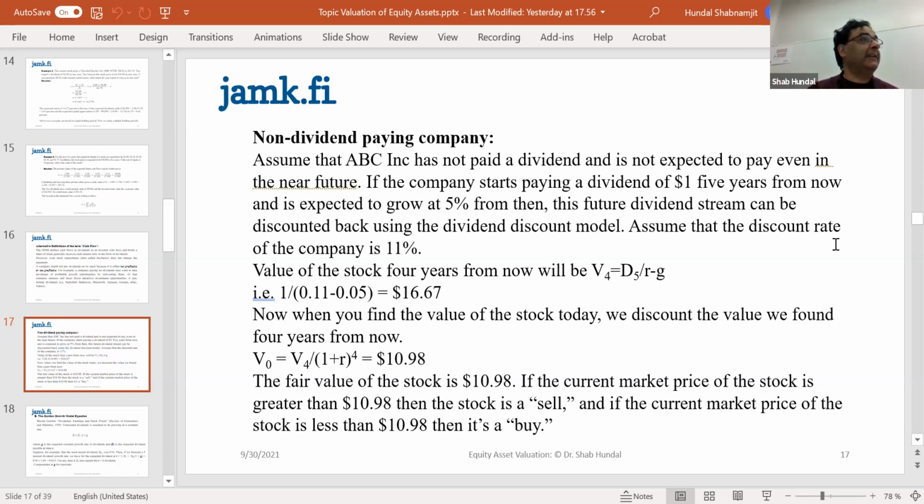So you can say that because the company is of the same size, same business, all these things combined, then you can make some good estimation that if this company starts paying a dividend, it will also pay this much. Or you can also adjust it for the future growth rate.